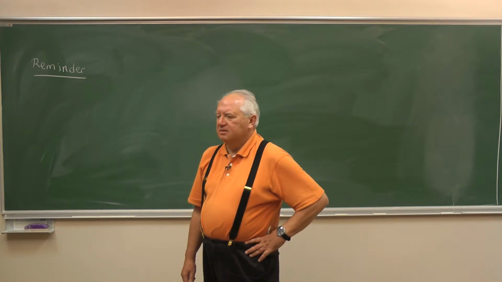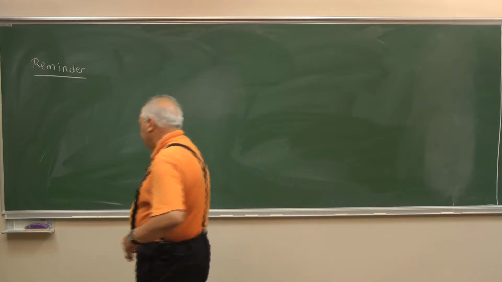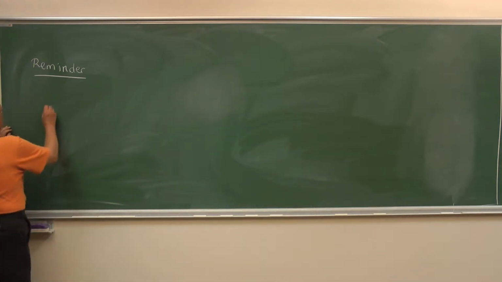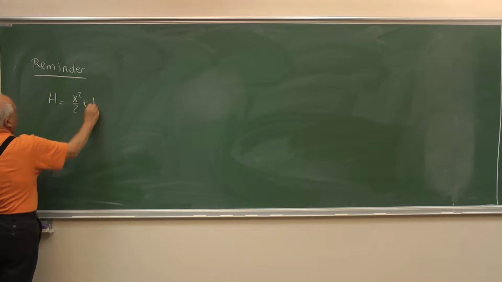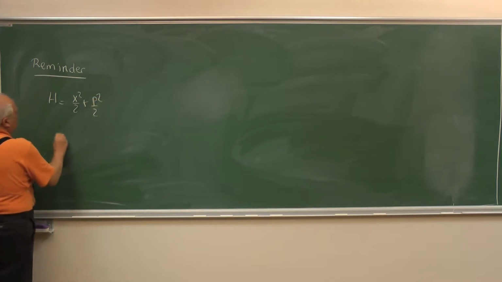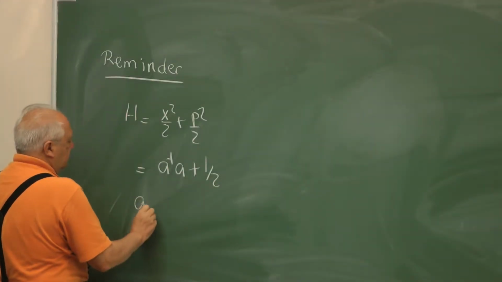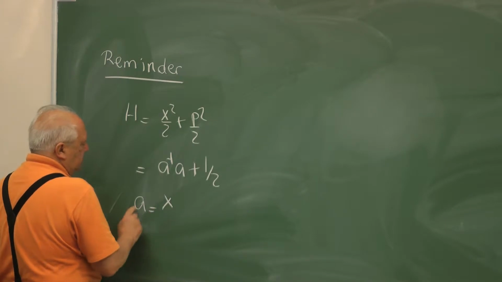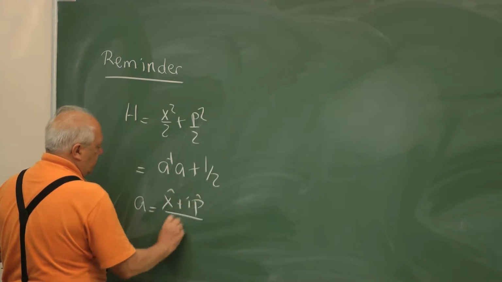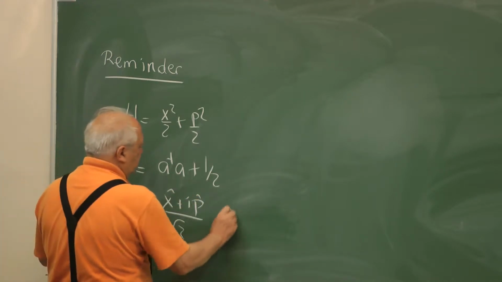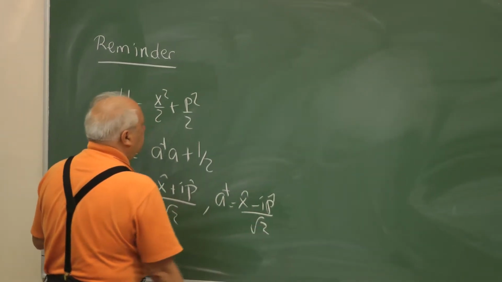In the third lecture, last time, we studied algebraic properties and the algebraic solution. And it is because this Hamiltonian can also be written as a dagger a plus 1/2, where a is an annihilation operator, x plus ip over √2, x and p being operators, and its Hermitian conjugate, a dagger, equals x minus ip over √2.